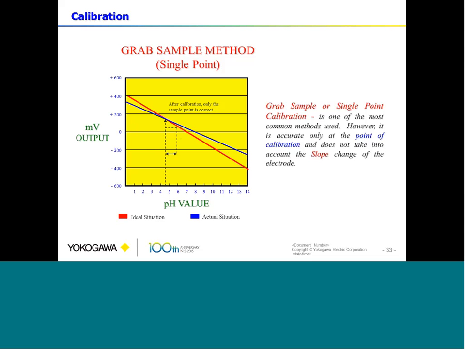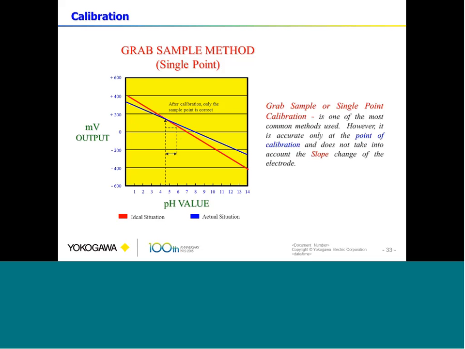When I took the grab sample and it said 4.5 and I adjusted my pH loop to 4.5, that's the blue line, and I'm accurate right there. But if the pH changes up or down, I'm not accurate anymore. I'll have to go out and do another 1-point calibration, and then I'll be accurate at that point.